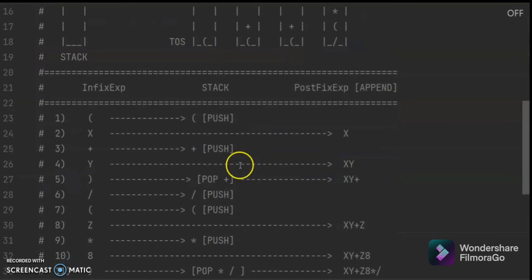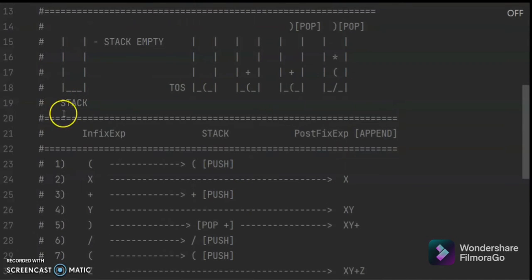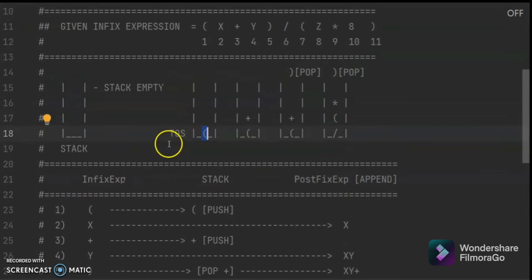So here is a small table. You just assume this as a table. Here the first element is the parenthesis. So in this expression the parenthesis is the first element. I am taking this infix expression and pushing that left parenthesis to the stack.